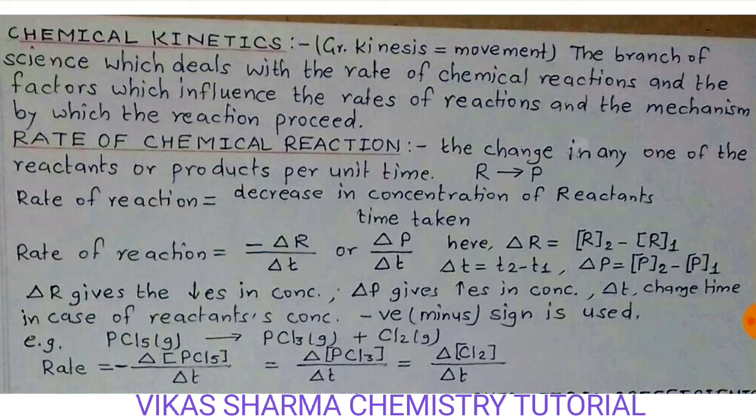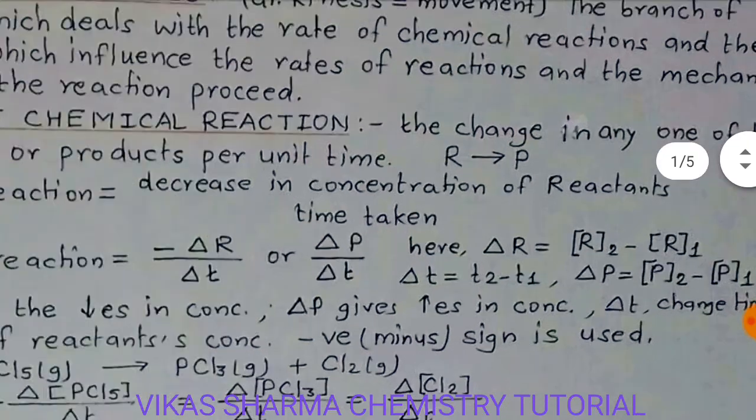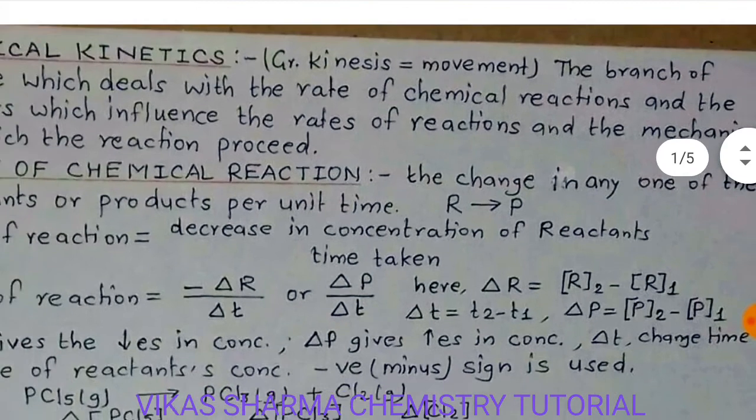First we start a segment which is known as rate of reaction. With the rate of a chemical reaction you determine whether the reaction is slow or fast. The rate is the change in any one of the reactants or products per unit time. In a simple chemical reaction, reactants form into products.